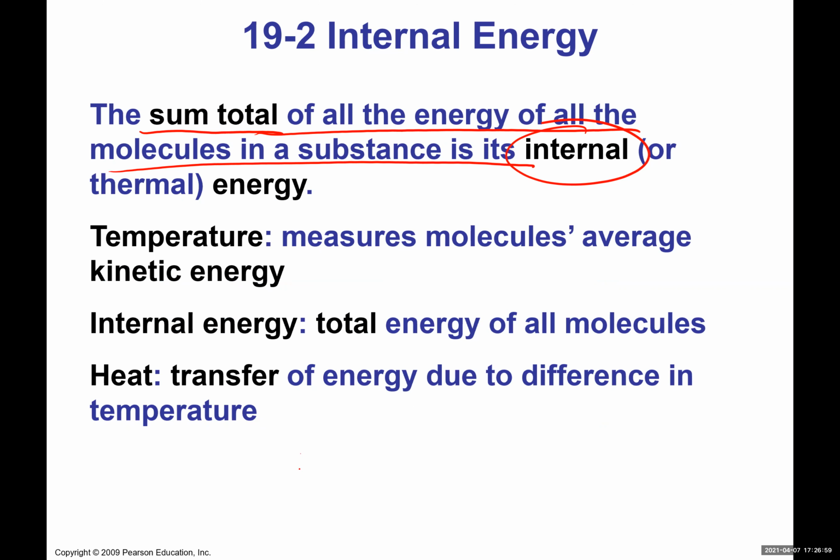So not to confuse, this is the average translational kinetic energy. How do we calculate an average? We calculate the kinetic energy of the first particle plus the second one plus the third one, up to the nth particle, so you have n number of particles. Add all of their kinetic energies, then divide by the number of molecules you have.